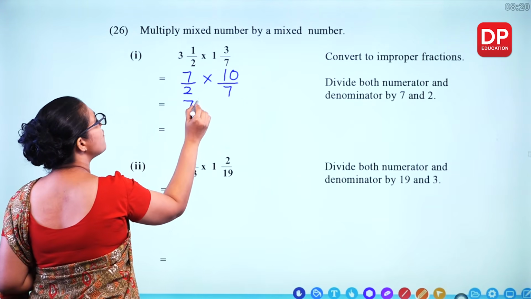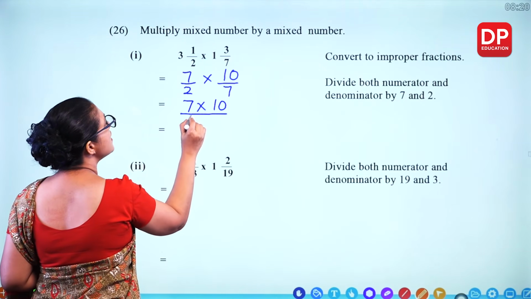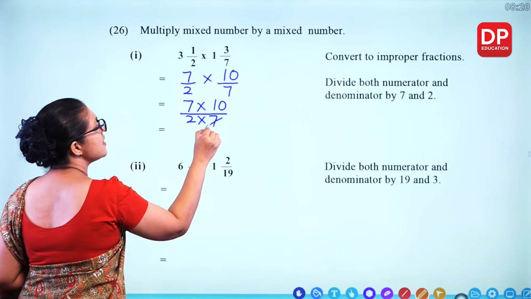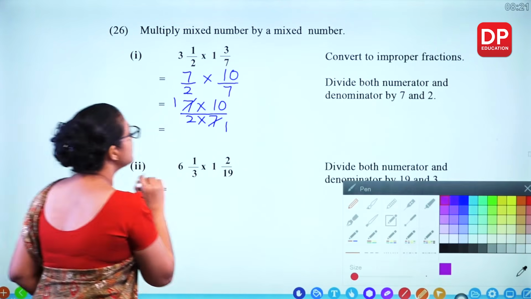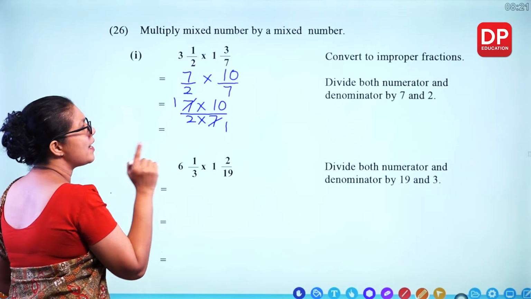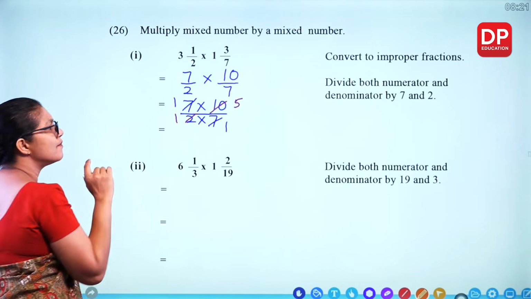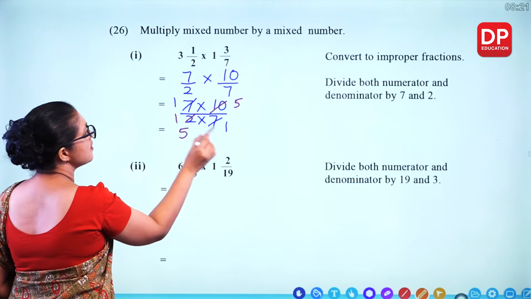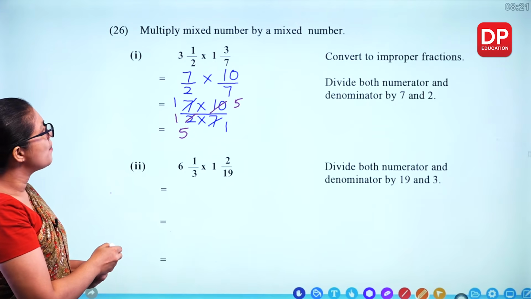Now, normal fraction. Multiply the numerator separately, denominator separately. Now we see 7 get cancelled out with this one. 10 and 2. You can divide by 2. 2 times 1, 2 times 5. Now multiply. 1 times 5, 5. 1 into 1, 1. No need to write 1 in the denominator.